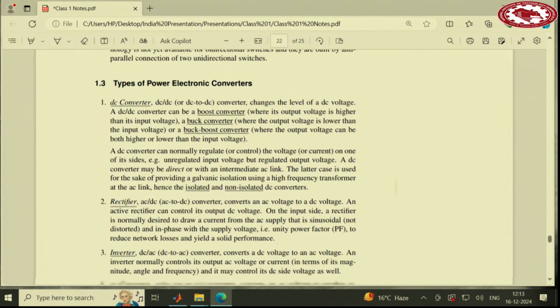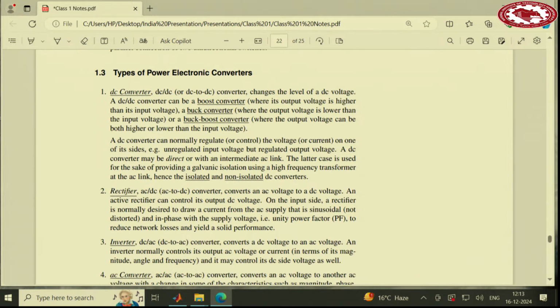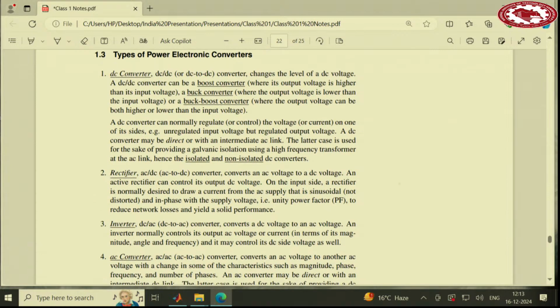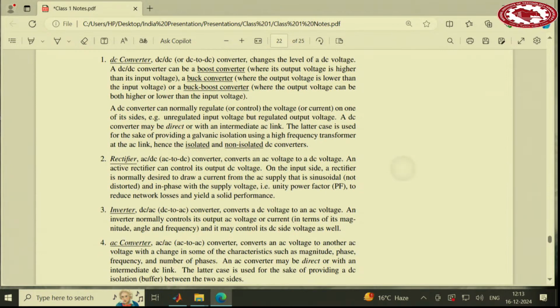Okay, so types of power converters. Basically, if you look here, I mentioned 4, and it's based on whether it's DC on one side or on the other side or AC. So DC converters, or DC to DC converters: basically, both sides of the converter are DC.